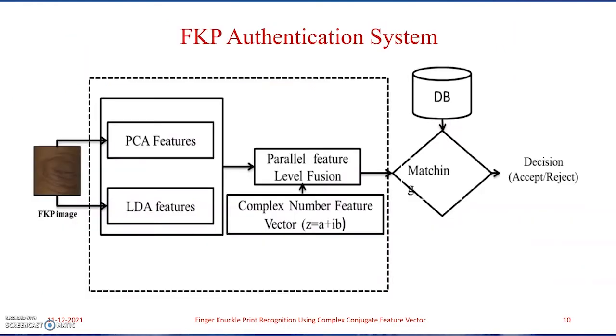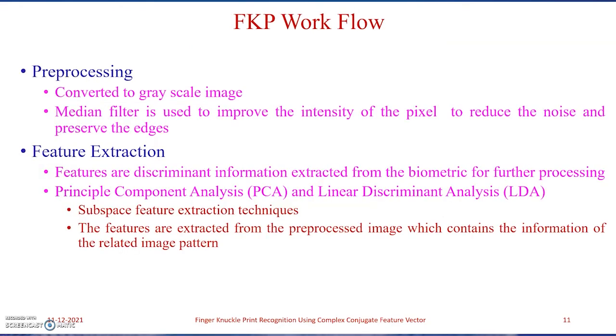This is the overall figure of the FKP authentication system. A finger knuckle image is given and the features are extracted using PCA-LDA, and this parallel feature level fusion is based on the complex number feature vector and is given for the classification accuracy.